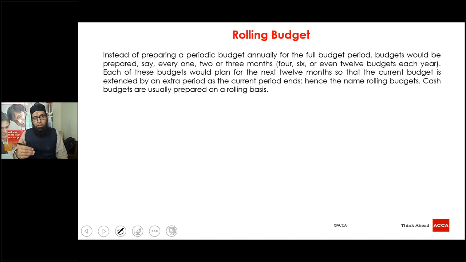So for example, if 3 months have passed in 2018, I will now be left with the plan of only 9 months. So these are the two bigger challenges that we face in the periodic budget.